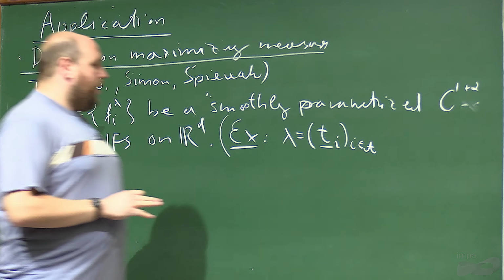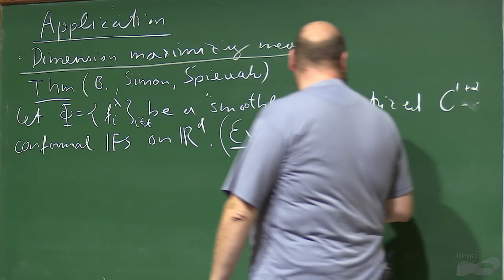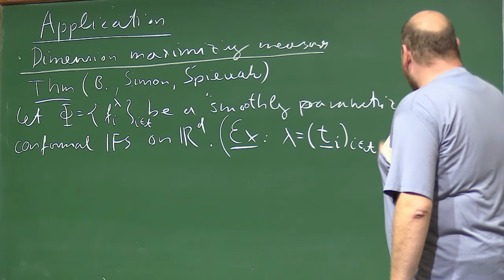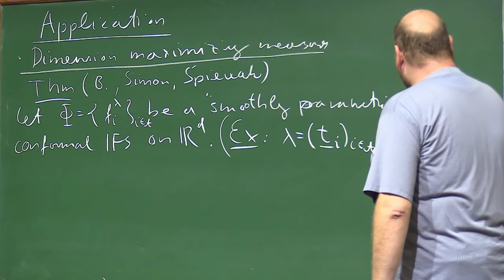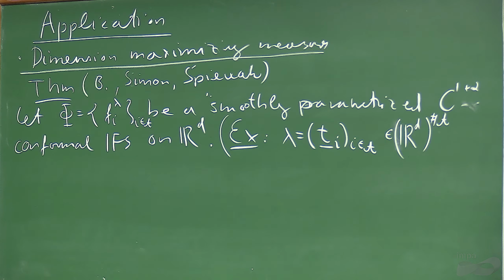Okay, the index set is A. We are in R^d, and we have as many coordinates as many functions we have.